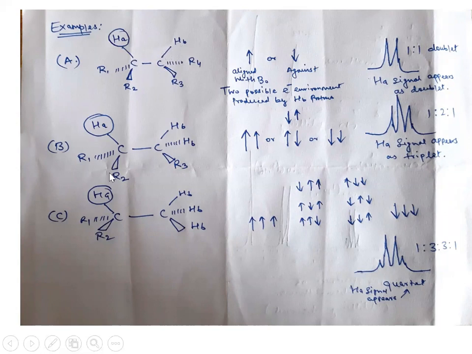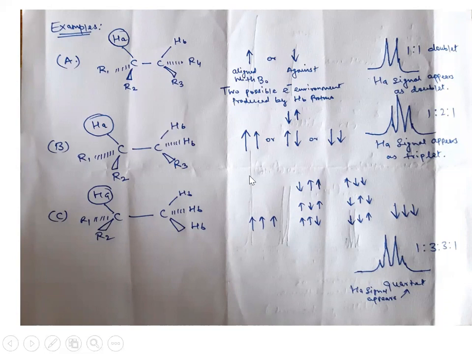Is it clear? Now next example, the A type of proton is in close proximity to two HB type protons. The chemical environment of the HA proton is different from the HB protons, but the chemical environment of the B type protons is the same.